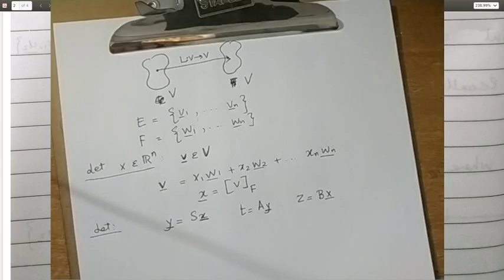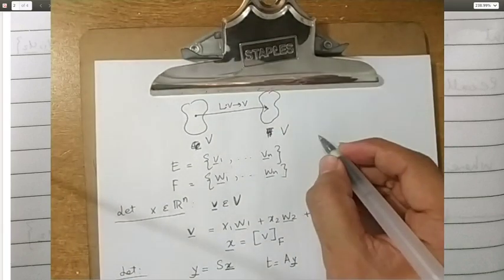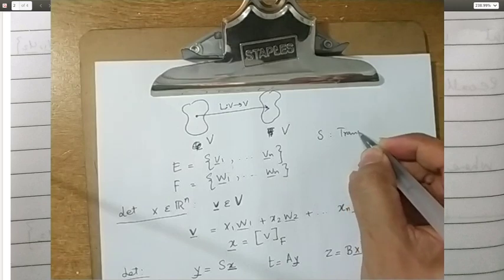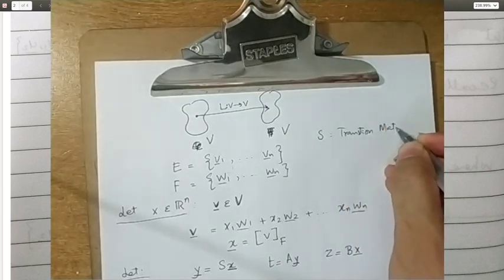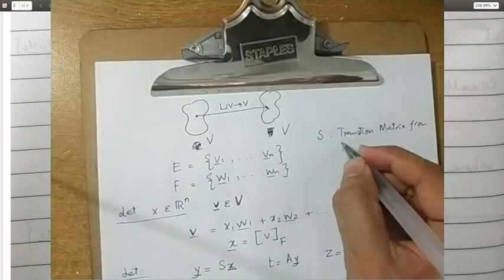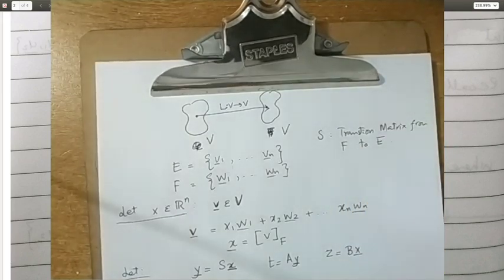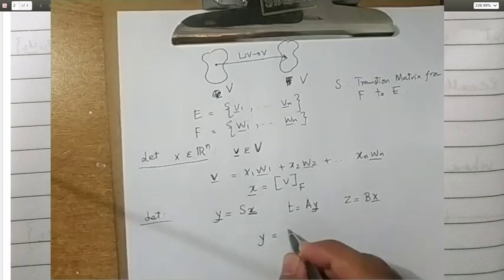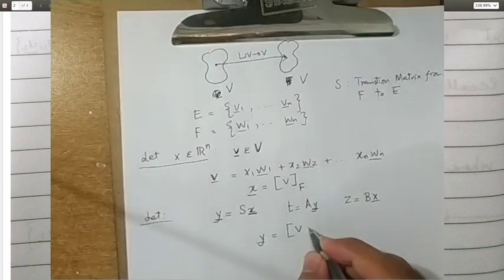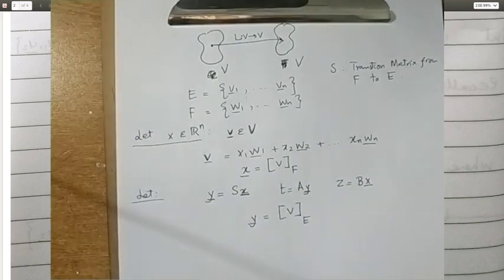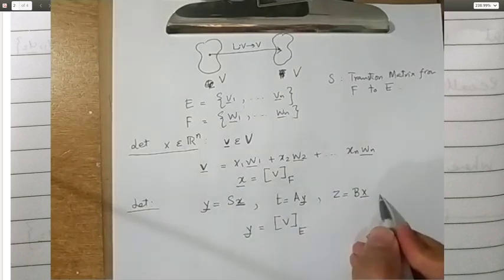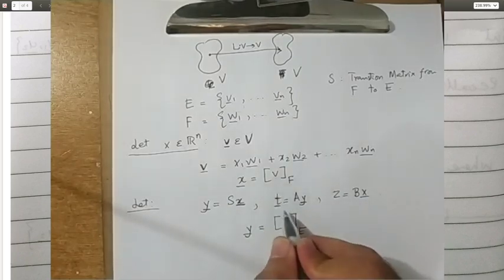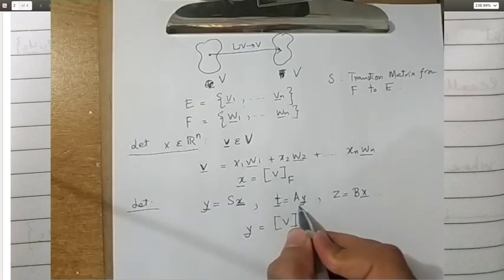Notice that S was the transition matrix from F to E. So X was being represented in terms of F and Y will be represented in terms of E. So the vector Y is the coordinates of the same vector V, but in terms of this different basis E. And what are these two equations saying? Well, equation T is representing this linear transformation.